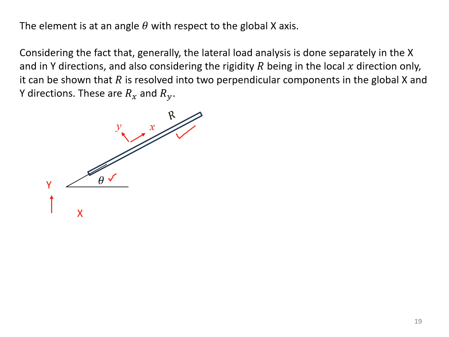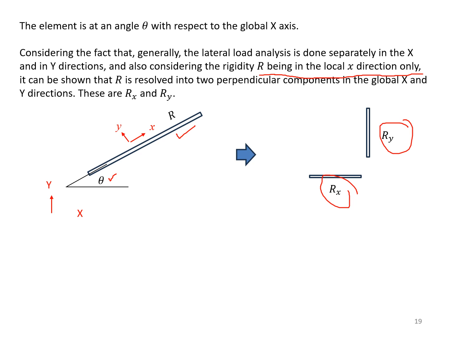Considering that lateral load analysis is generally done separately in the x and y directions, and considering the rigidity R being in the local x only, it can be shown that R is resolved into two perpendicular components in the global x and y axes. These would be Rx and Ry. In other words, we are resolving R into two separate elements which are perpendicular to each other.